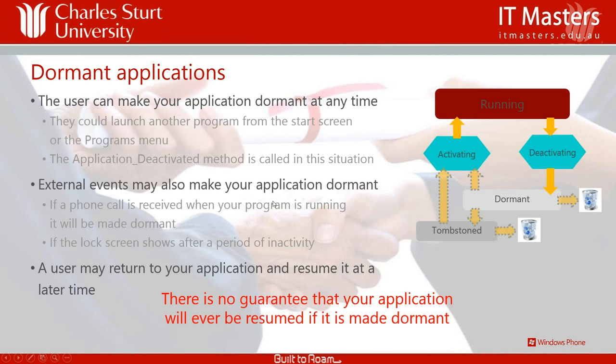Now, one thing to be aware of with your application going into the dormant state is that there's also this state called tombstoned. Essentially what happens is if your application is suspended and goes into the background, into this dormant state, your application is still resident in memory, even though it's not actually getting any cycles to execute on the CPU.